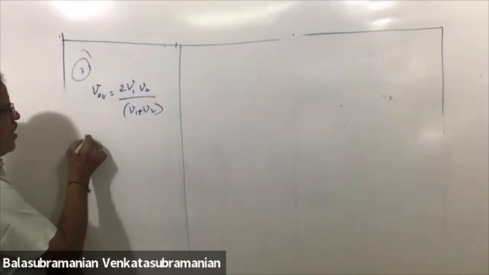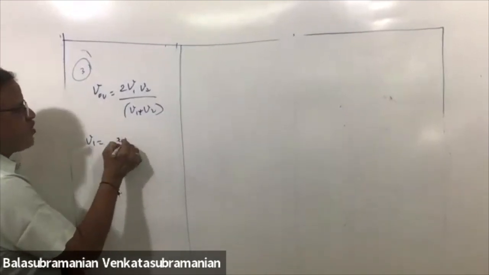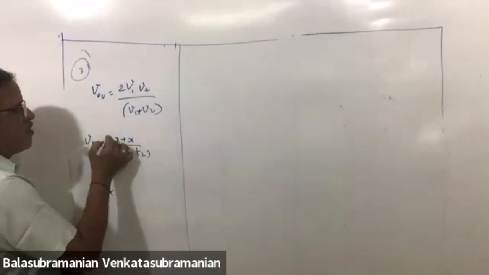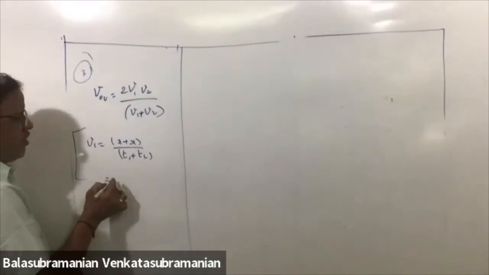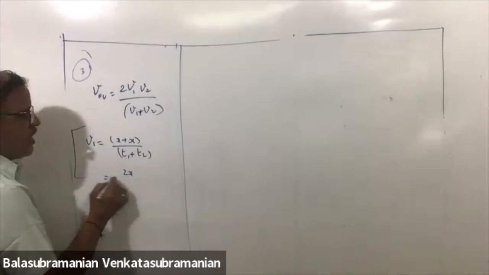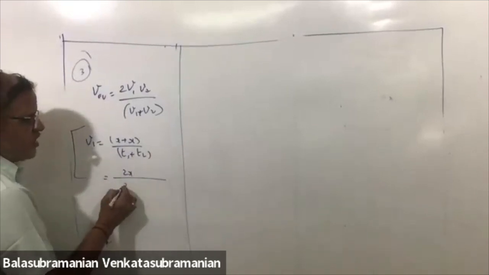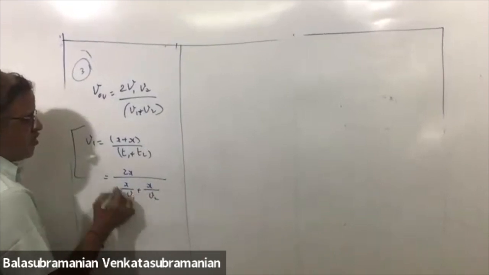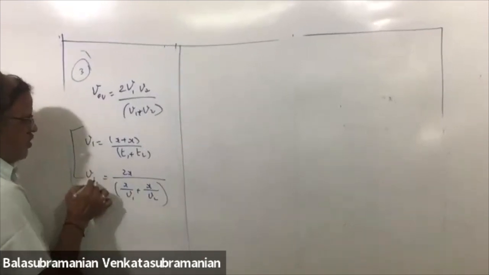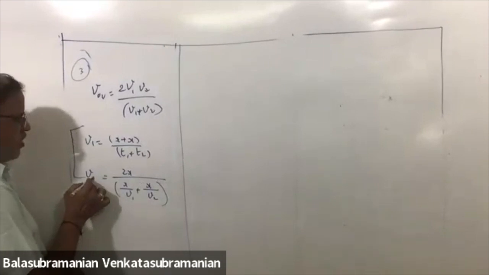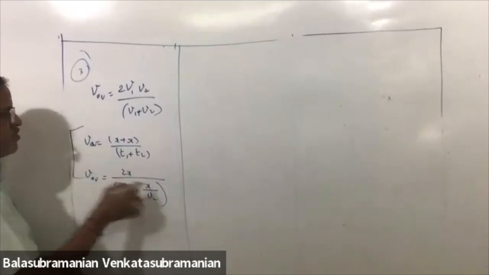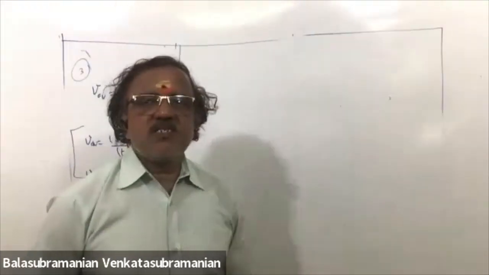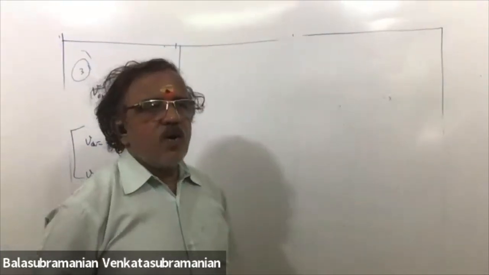How? Velocity is displacement by time taken. Displacement is 2x. Time taken is distance by velocity. Simplify, we will get this. Already we have done this, but now on a different concept.